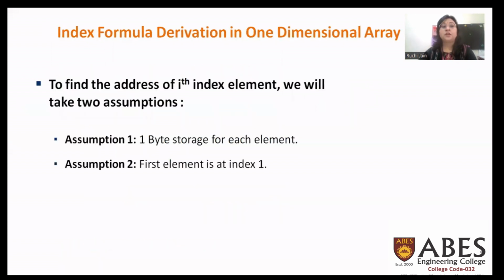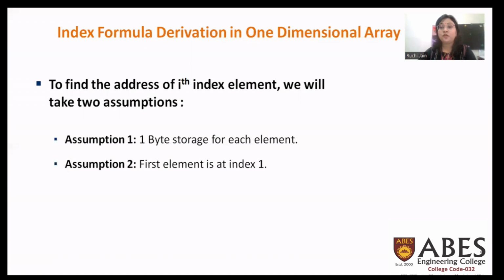Moving further, to find the address of the ith index element, we have to take two assumptions. Assumption 1 says we consider 1 byte storage for each element. We can also consider multiple bytes of storage for each element. If we consider an integer value, then we store 2 bytes of memory for each cell.